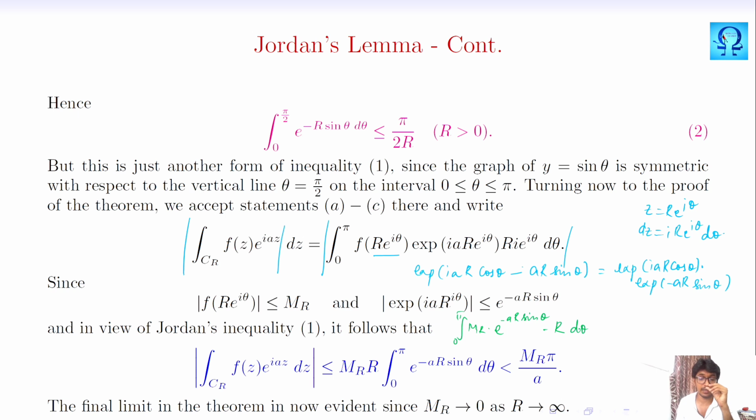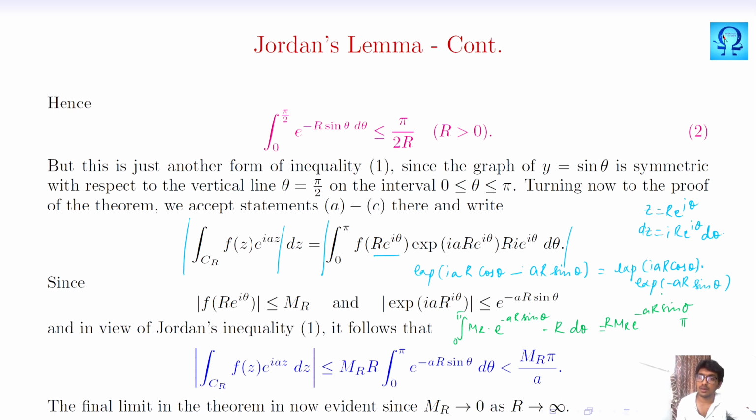So this is what we get when we take the absolute value inside, when these all are constants. So when we take all these constants outside, M r e to the power minus a r sine theta, multiplied with r, and when we integrate it, we would get pi along with it. So this is what we are going to have.